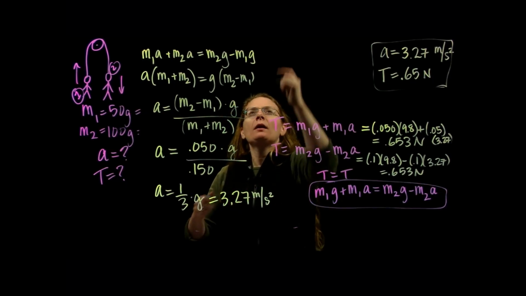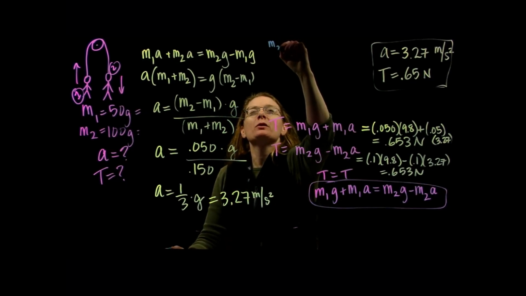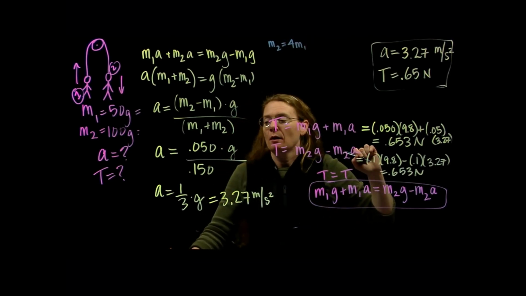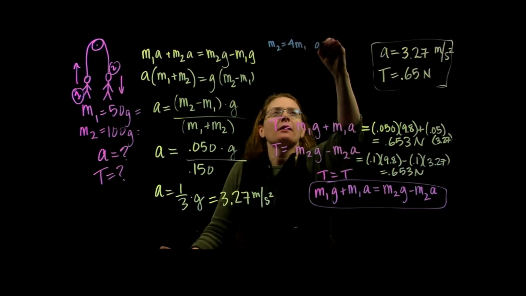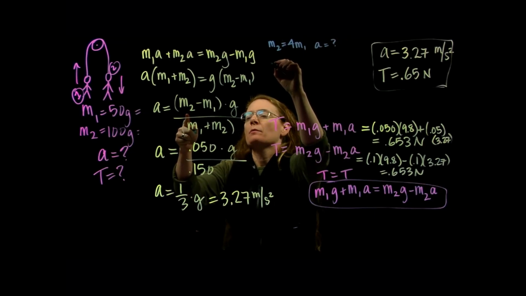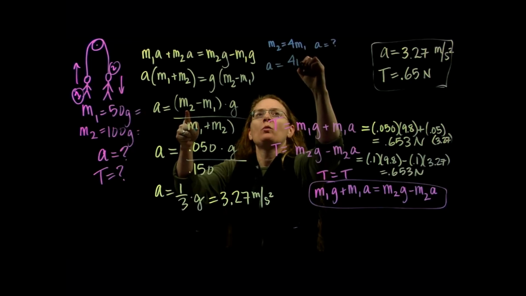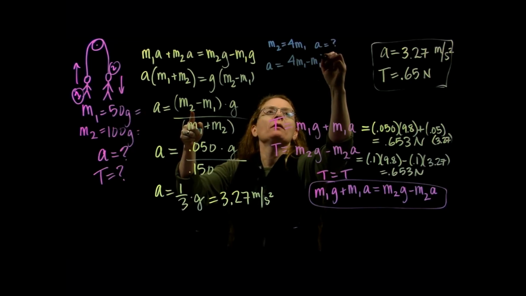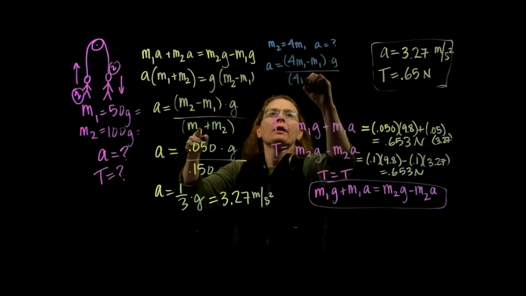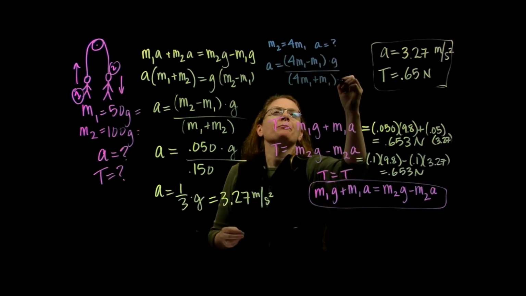So if we have m2 as 4 times as big as m1, what is my acceleration? All right, so m2 is 4 times as big as m1. My acceleration is going to be 4m1 minus m1 times g over 4m1 plus m1.